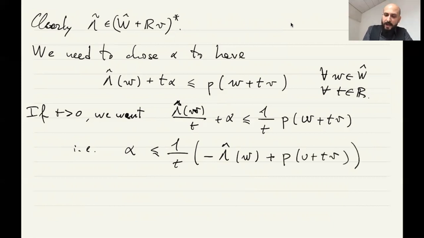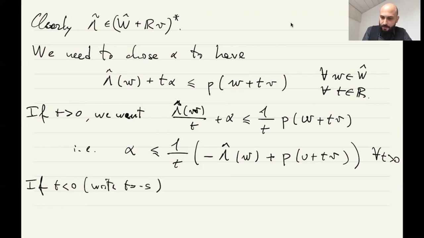So alpha should be less than all of these numbers for all t positive, so it should be less than the infimum over all t. If instead t is negative, let's write t equal minus s with s positive.